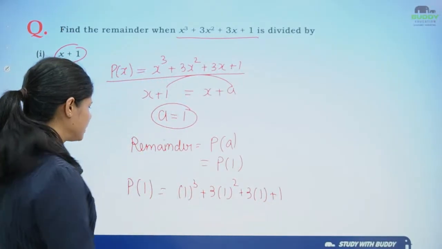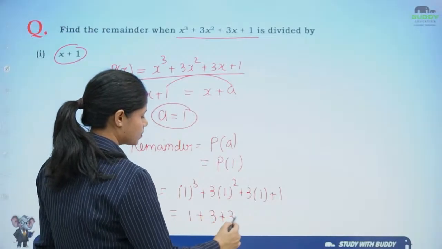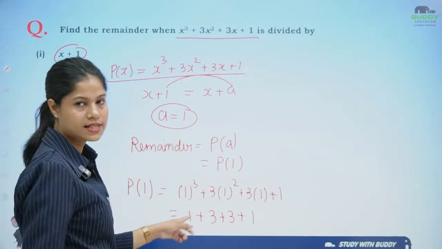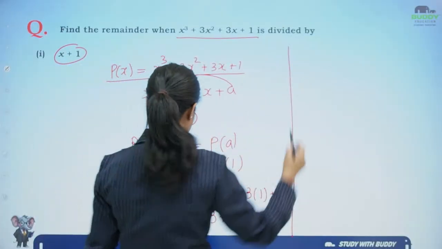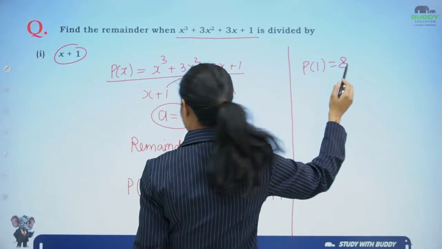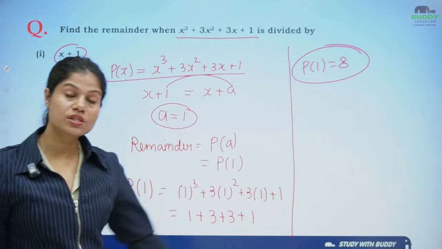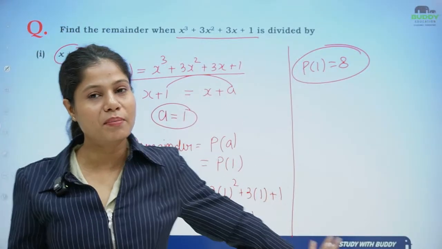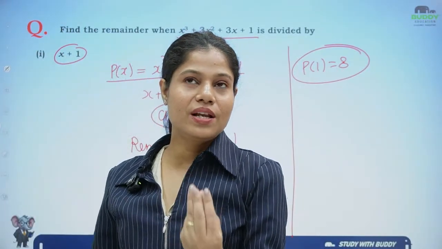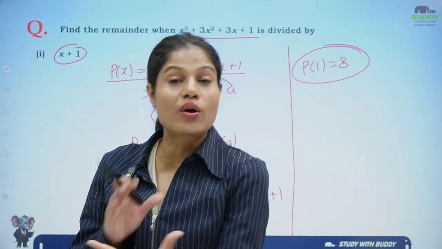Now this calculation is very simple. It will be 1 plus 3 plus 3 plus 1: 3 and 3 is 6, 7 and 8. So what is the remainder? The remainder will be 8, right? So you can see that by using this beautiful remainder theorem, we have saved ourselves from using the long division process.